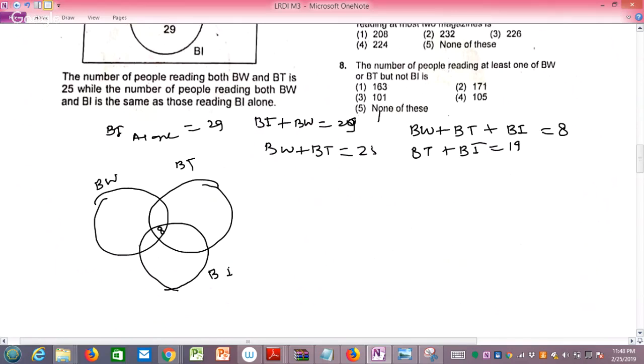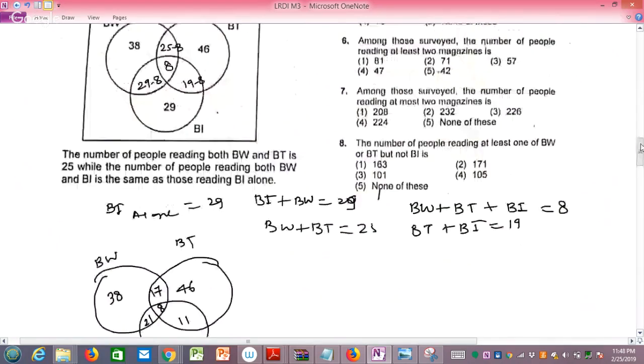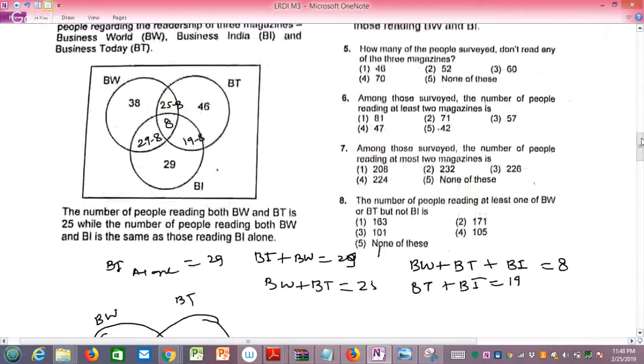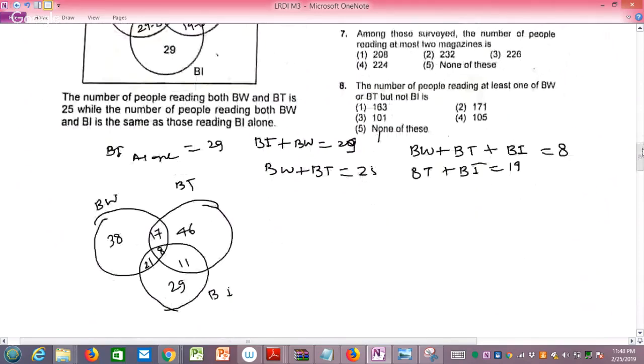This was 29 minus 8, which comes out to be 21. This was 19 minus 8, coming out to 11. This was 25 minus 8, coming out to 17. This was given as 38, this as 46, and this as 29. This is what the question is. Now it is asking how many of the people surveyed don't read any of the three magazines.